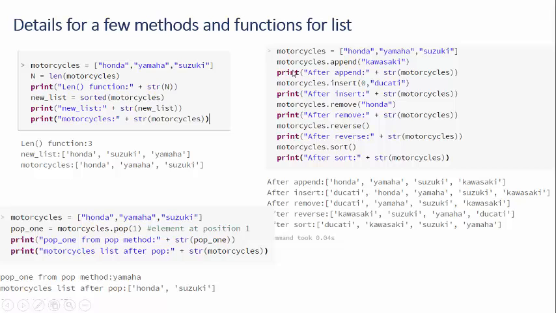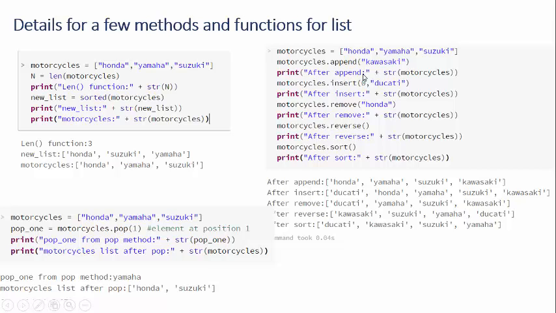Here I'm still using the print function, but because we have a few different print functions here, to give us a little bit of clarity, I added an "after append" piece to the print function, which is going to show that text, as well as convert the motorcycle list into a string, combine those two strings together, and print out.